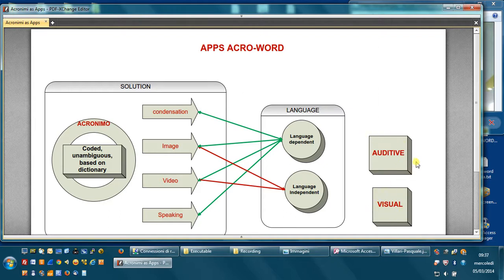You can imagine people who have problems in the auditive area, maybe deaf, or problems in the visual area, maybe blind. In that case you can understand why we speak about language dependent and independent.